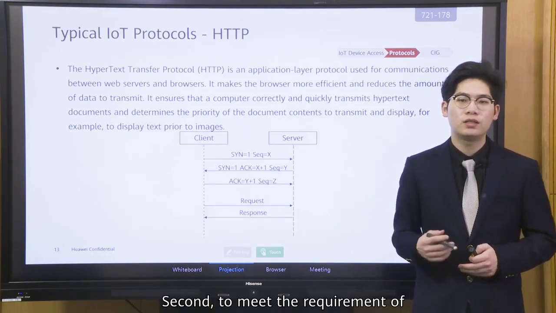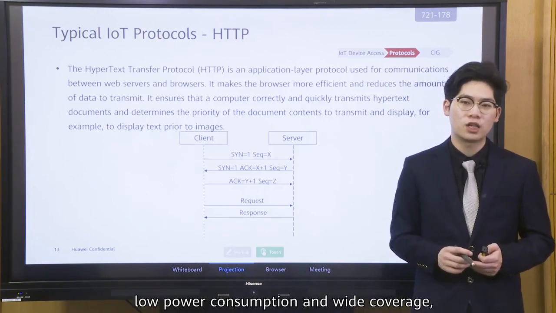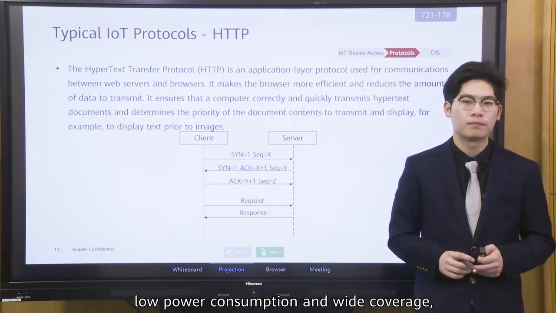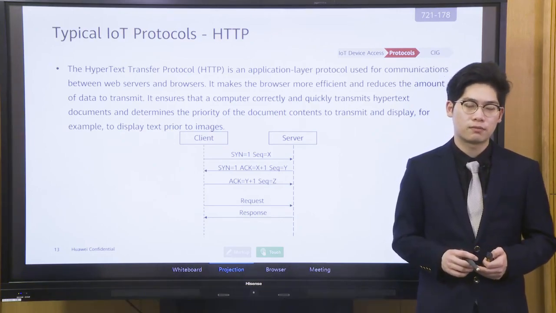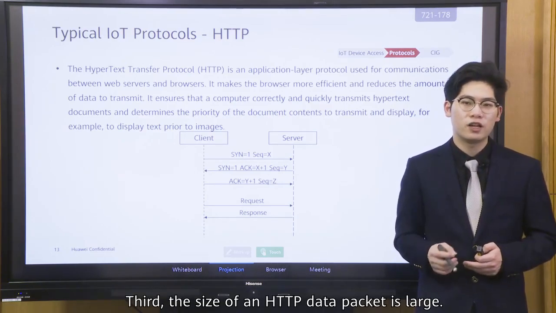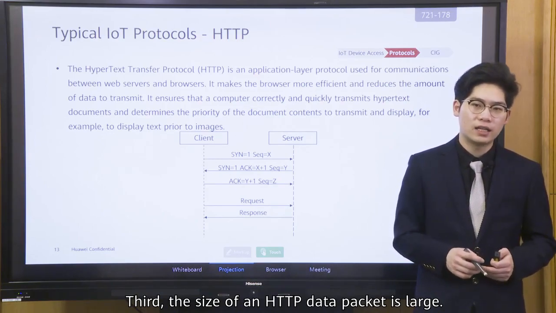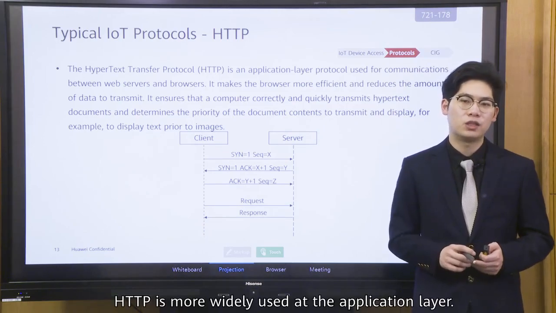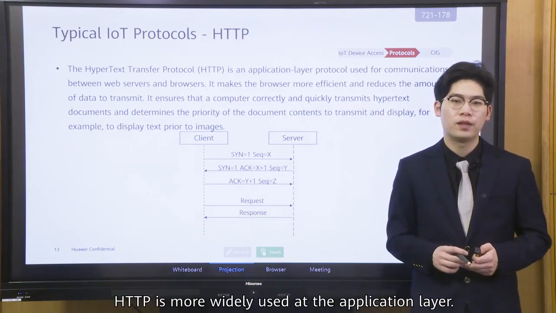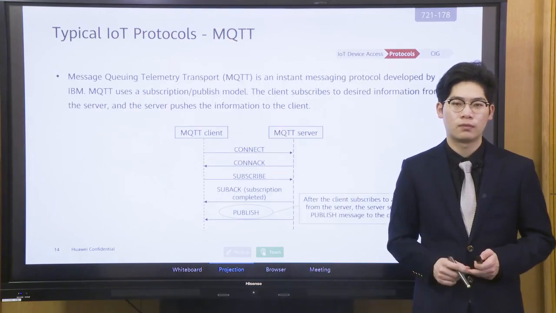Second, to meet the requirement of low power consumption and wide coverage, IoT devices may not perform synchronous communications. Third, the size of an HTTP data packet is large. Due to these reasons, HTTP is more widely used as the application layer.